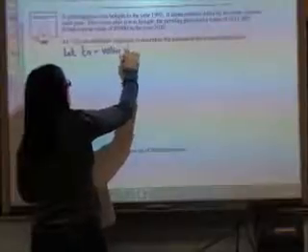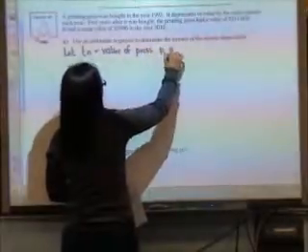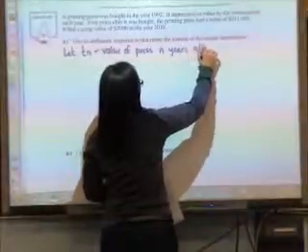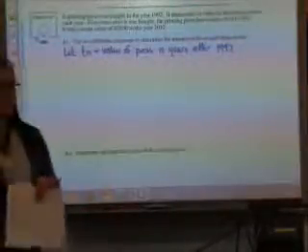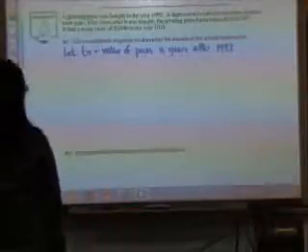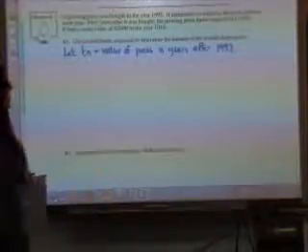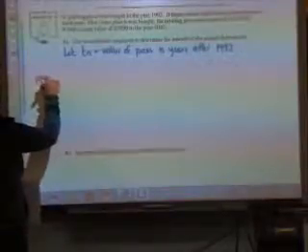So what I can do is let T of n represent the value of the press n years after 1992, because that's when I bought it. So T of n, if T of n is the value of the press after 1992, that's when it was brand new. 5 years later, it's $311,000.